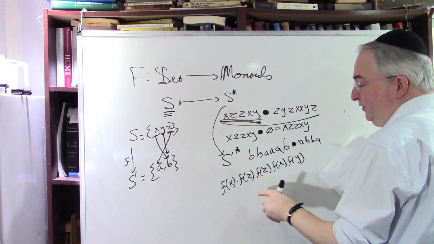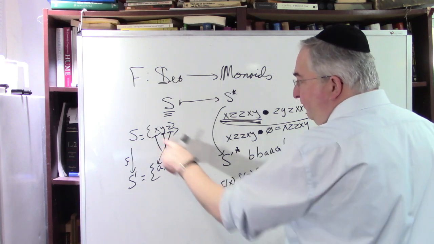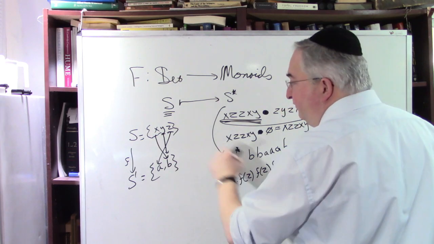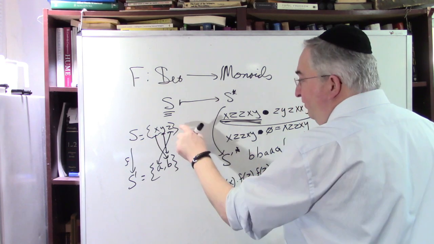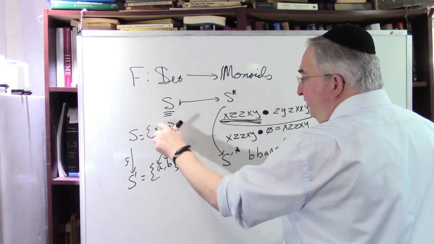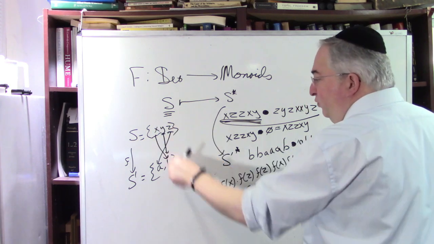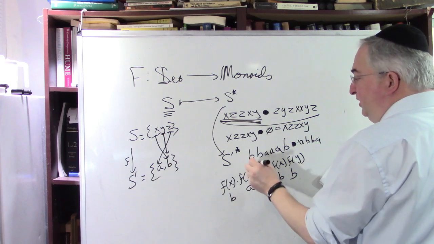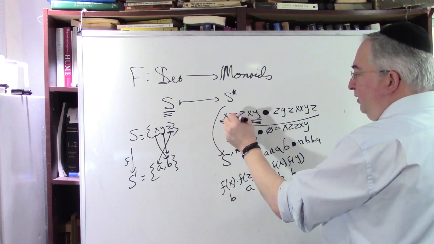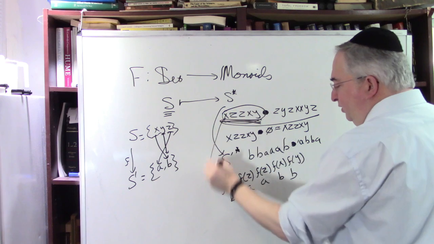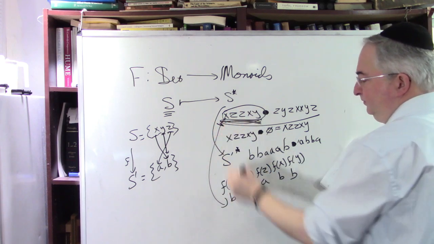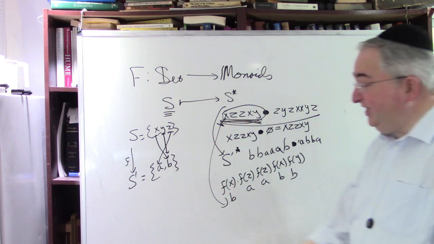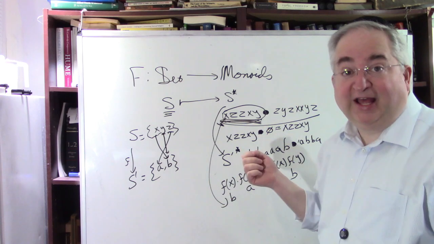So let's see what this is. f of x is b, f of z is a, f of z is a, f of x is b, f of y is b. So this word is going to go to this word. Just look at the image of each of its letters.